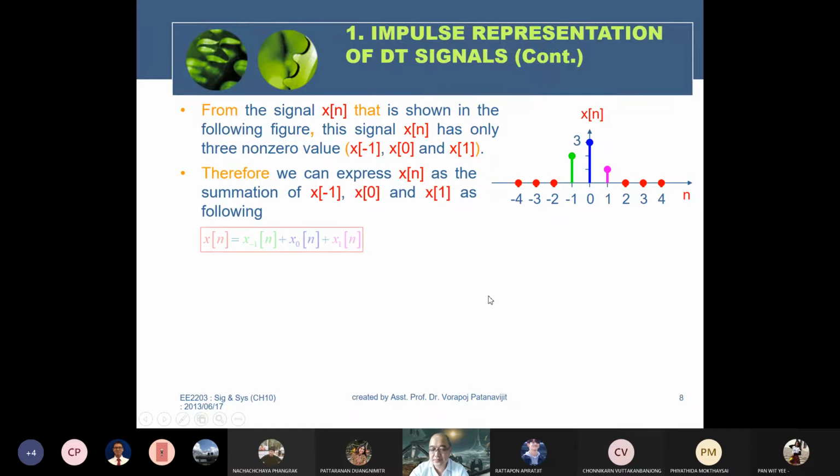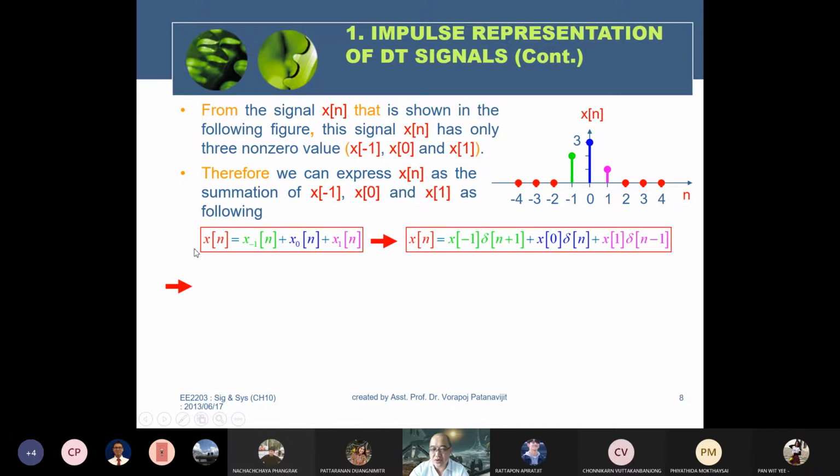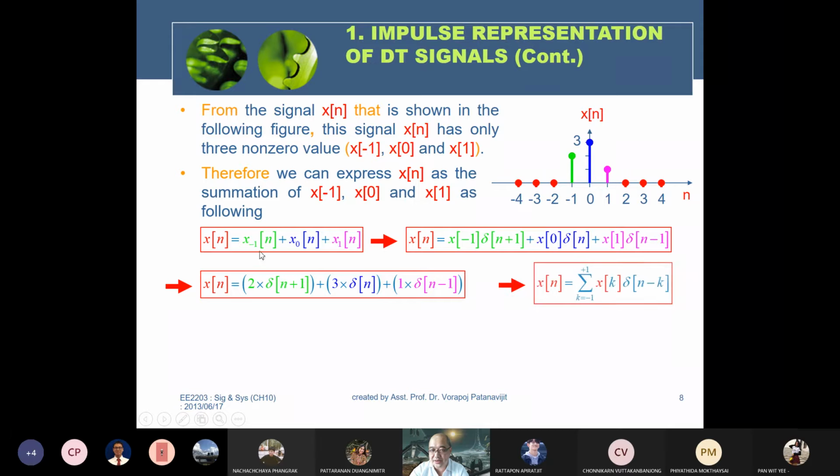You can separate them. When you have the discrete signal, you separate each non-zero element, x[-1], x[0], x[1]. Each of them can be distributed here. The impulse represents the location at that point, delta[n plus 1] here, and the magnitude is 2.